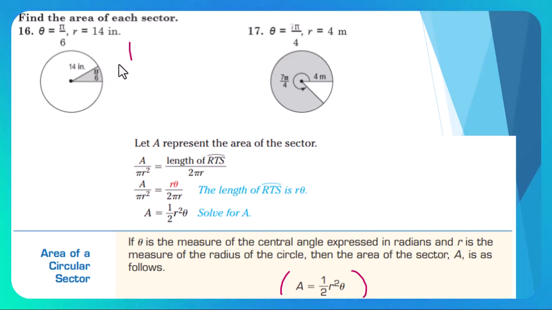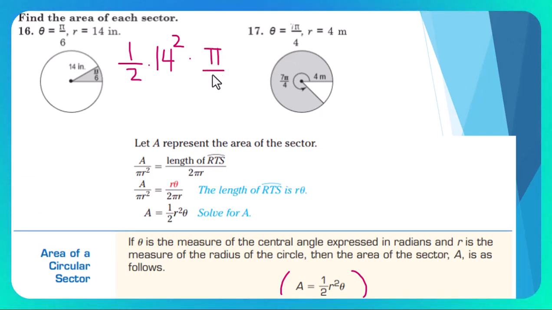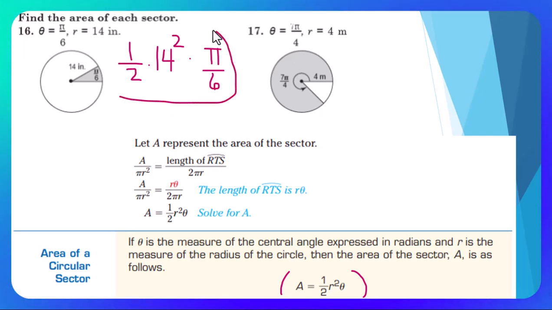So it's going to be 1/2 times 14, don't forget to square that, times pi over 6. Put all of that into your calculator and come up with the answer. You may need to round that off.